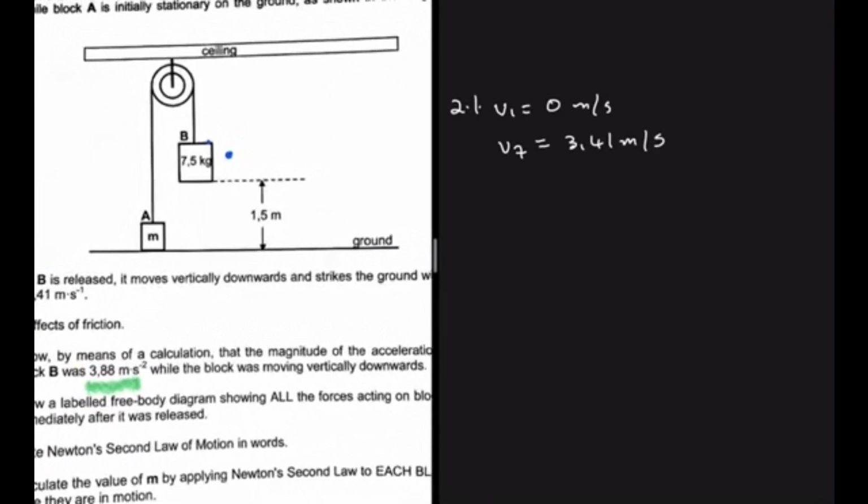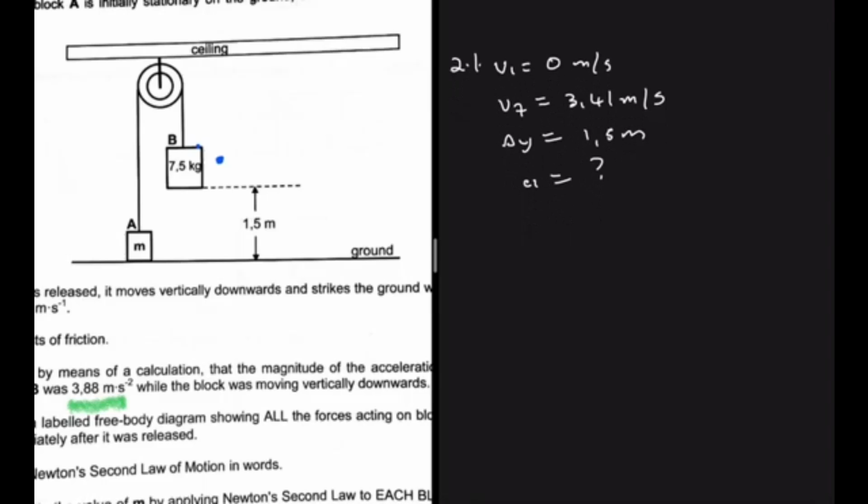What else do we have? We have the distance or the displacement of our object B, right? From the time it is released to the time it strikes the ground. So we have delta y being equal to 1.5 meters. And what are we looking for? We're looking for the acceleration, right?